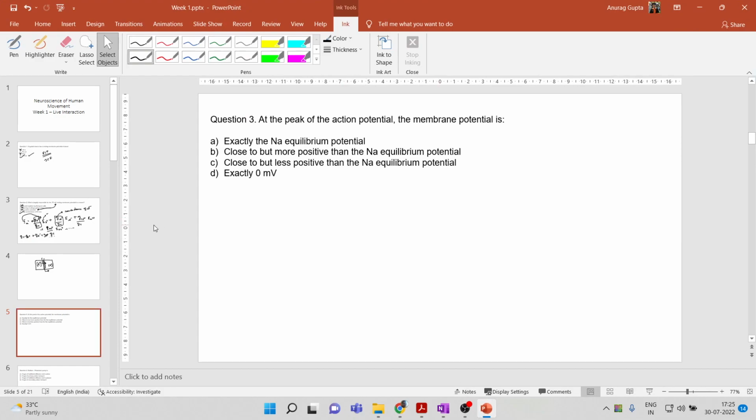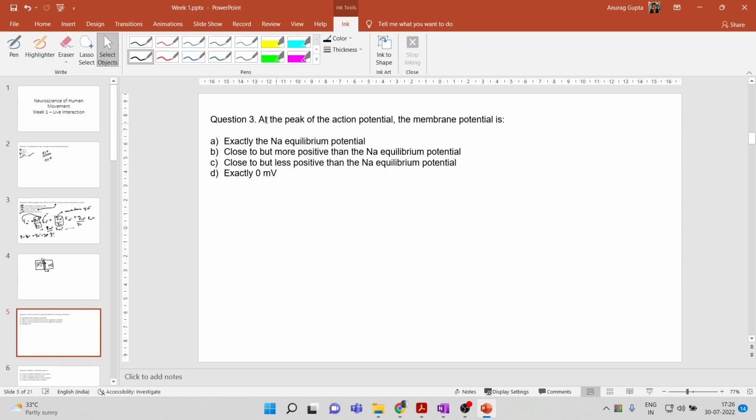So the first option is exactly the Na plus equilibrium potential, then close to but more positive than the Na plus equilibrium potential, close to but less positive than the Na plus equilibrium potential, or exactly 0 millivolts.